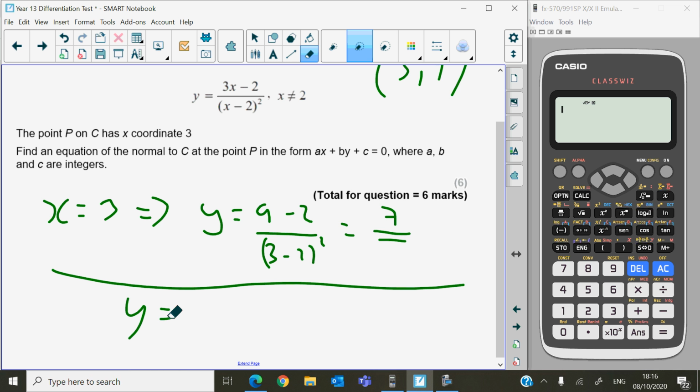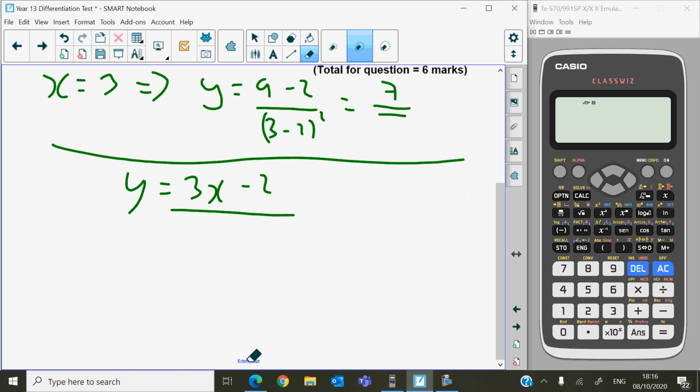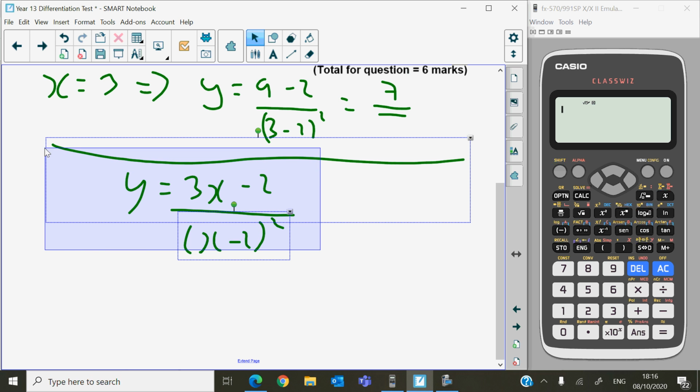So we're going to have y is equal to 3x minus 2 over x minus 2 all squared. And same as before, we're going to have to use the quotient rule in order to differentiate that. So in order to differentiate that, I'm going to establish my u's and v's. My u is going to be the top part of this.